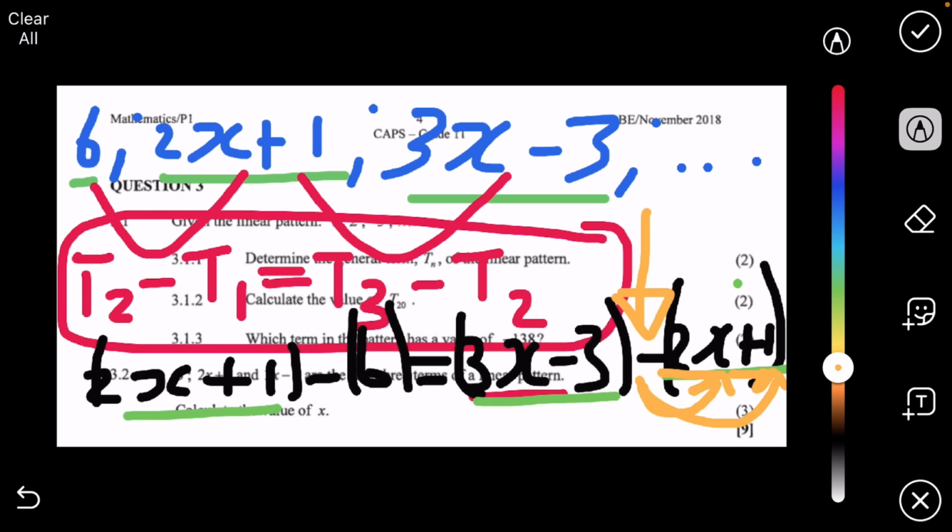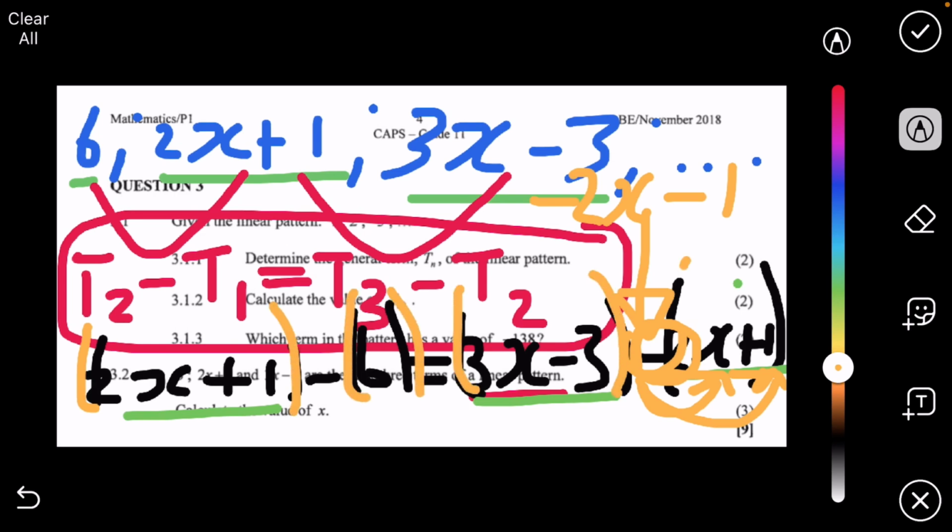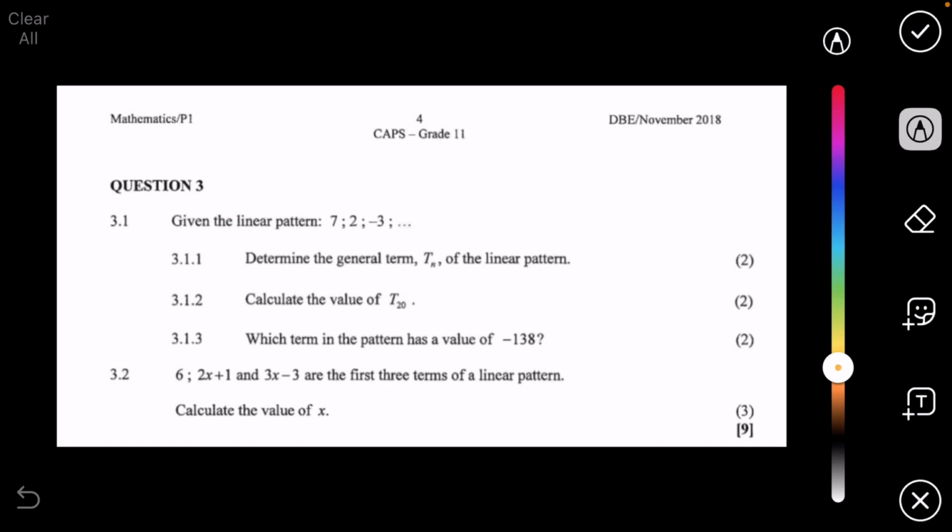That means you're going to have negative 2x and negative 1. Because of this sign, you can find the whole of that question wrong. Why? Because of not putting in brackets. Even in positions where it's not necessary to put in brackets, please do put in brackets, so that you don't make mistakes. I assume you fully understand all I've been trying to explain.